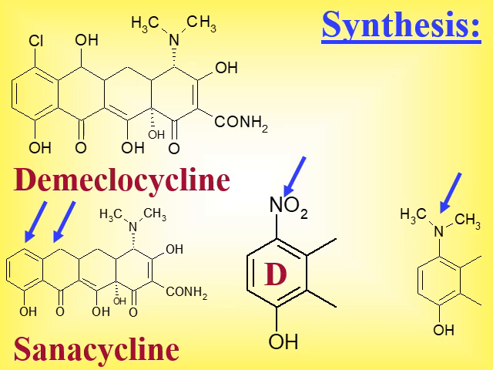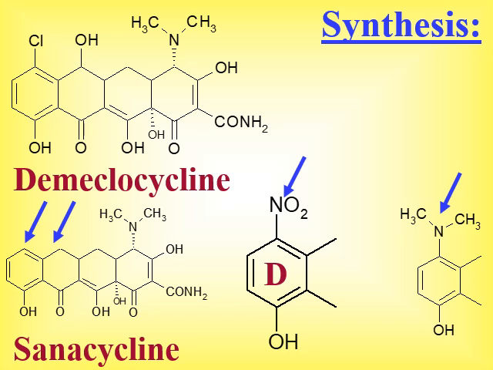It is not semi-synthetic, it is fully synthetic. How can we synthesize it? It is prepared from demeclocycline. Demeclocycline, by catalytic reduction, we remove the hydroxyl group at position number 6 and the chloride atom at position number 7, so forming cycline.